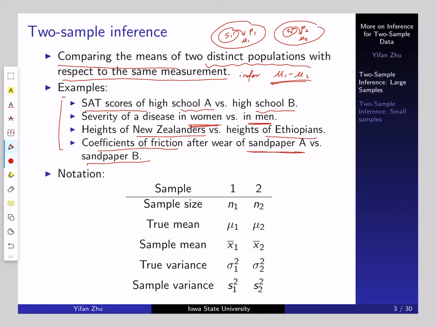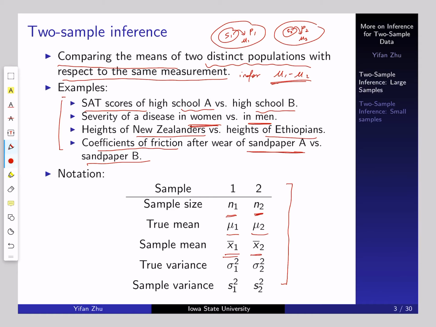And this is the notation. So we use N1 to denote the sample size of the sample we collected from population 1, and same for N2. And mu1 and mu2 are the two true means.